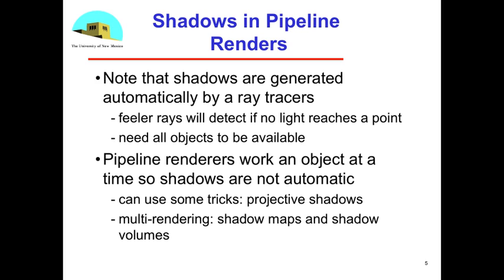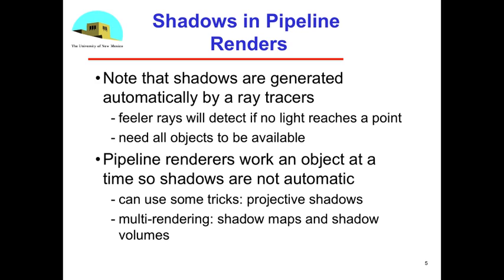Shadows were generated automatically. When you followed a ray out from the viewer to the object, you would then look at other rays called feeler rays that would go out and see if there were any light sources out there to illuminate that point. That's why they're called feeler rays. They're feeling for the light.